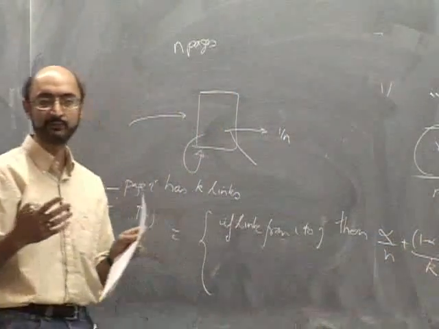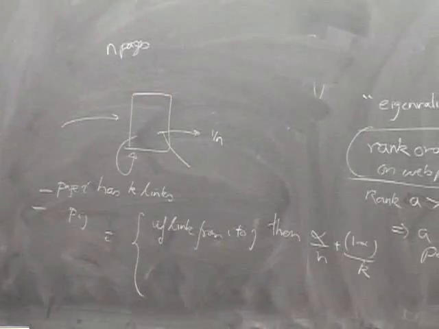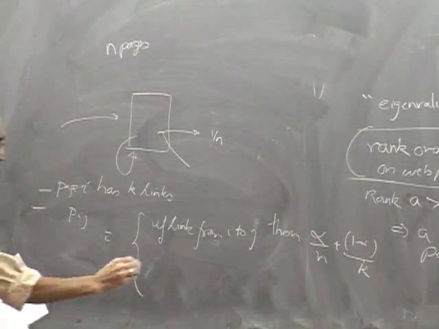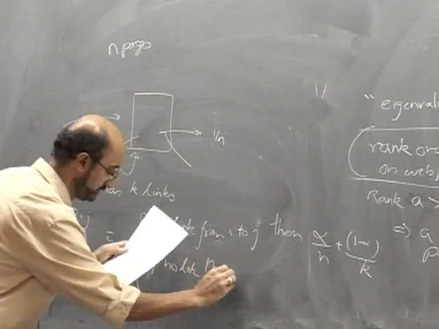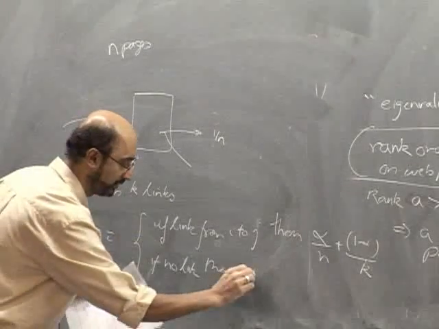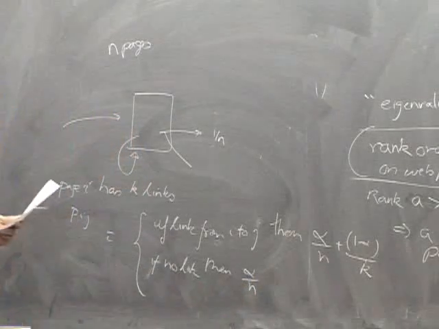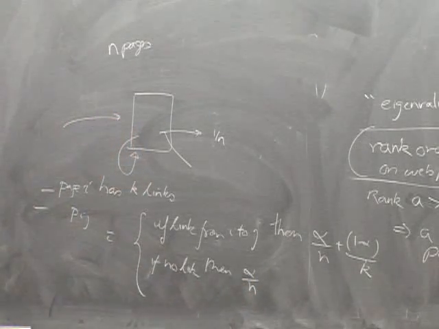So alpha is sort of the probability that I'm not going to click on a link, and if there is no link, then alpha over n. And if you do this, then we have this sort of teleportation model. You go from one page, there's no link, you go there anyway with this very small probability.